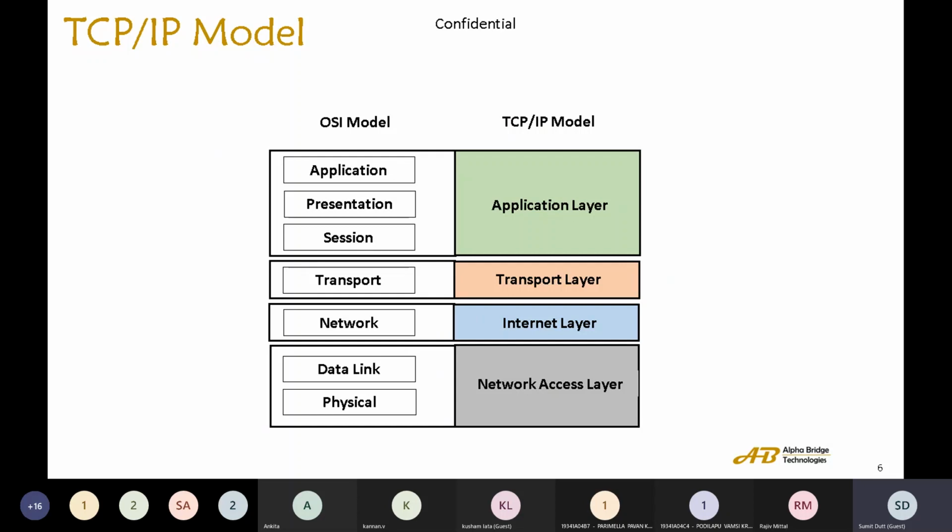Okay. So guys, here I again wish to ask you: if I say there is an L3 switch, can anyone tell me which layer it is? If I'm saying L3 switch, which layer does it belong to?